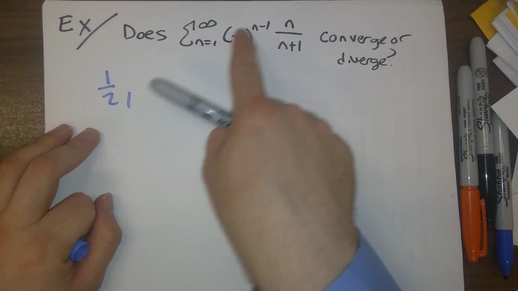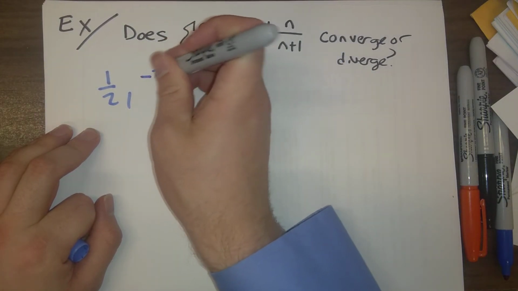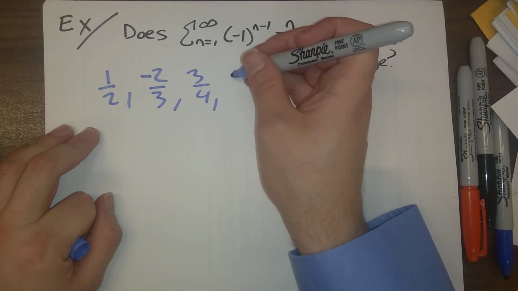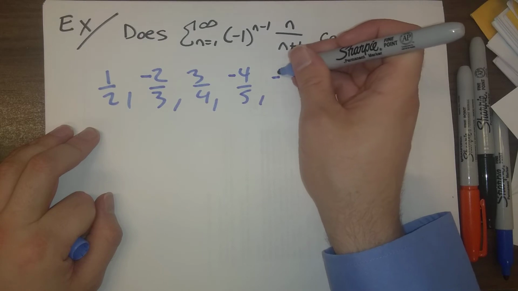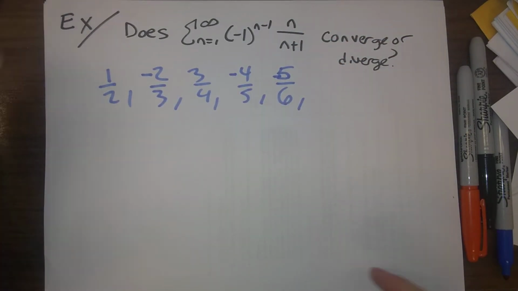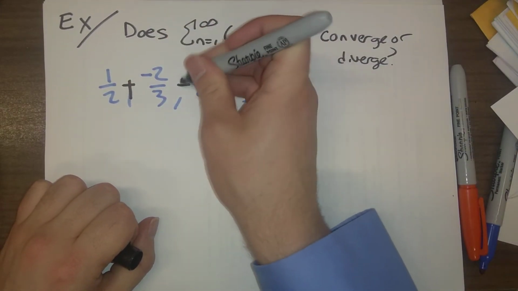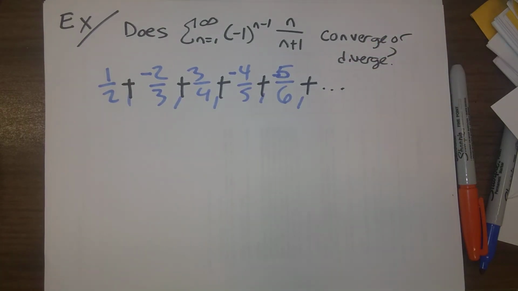When n is 2, this would be minus 2/3. Then 3/4. Then minus 4/5. And plus 5/6, and so on and so forth. I'm writing out the sequence of the individual terms here. Really what I should be doing is putting big plus signs here to say we're adding up all of these individually. So does this converge or does this diverge?